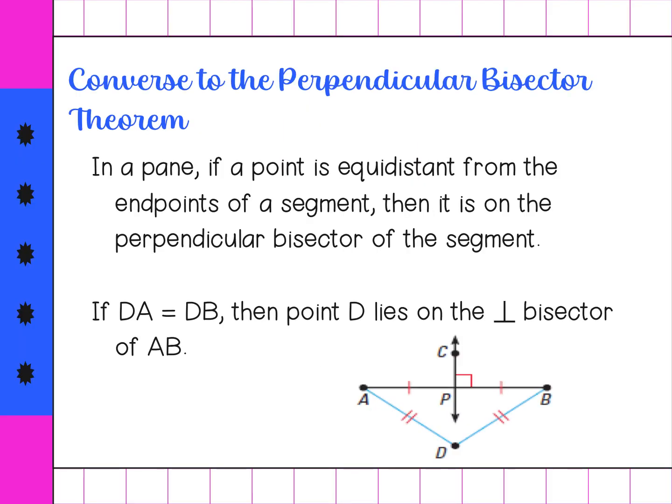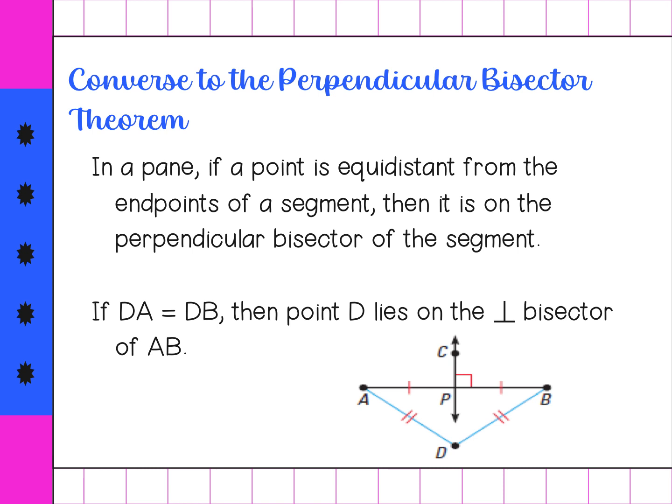Now, the converse to this, remember, is sort of backwards. The original says that if a point lies on the perpendicular bisector, then it is equidistant from the endpoints of a segment. This is telling you that if a point is equidistant from the endpoints of the segment, then it must be on the perpendicular bisector of the segment. So in this one, you're given the opposite.